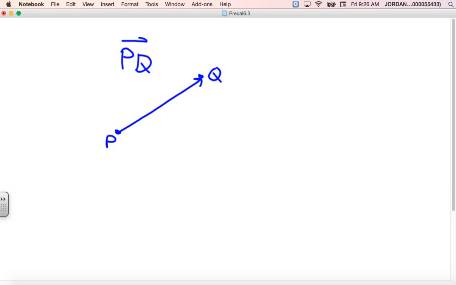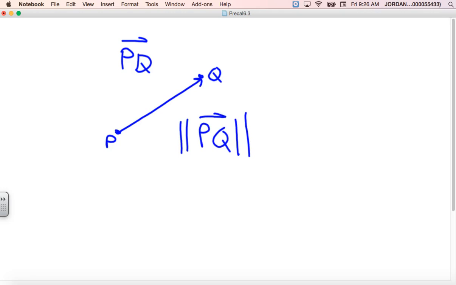The initial point it starts at is point P, and the point that it stops at is called the terminal point. So your initial point would be P right here, and Q is the terminal point. So this indicates something that has magnitude, or length. It's got a certain length, and it's got a specific direction that it's going in. So the magnitude of this directed line segment is denoted by this right here.